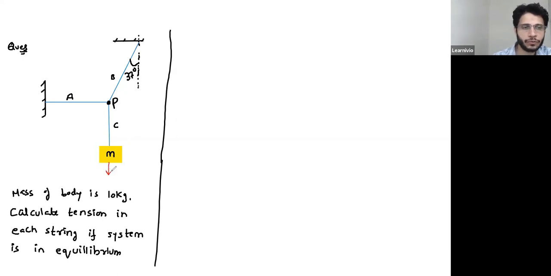One is weight mg acting in the downwards direction. Yes, two forces, good. Another is tension, which is acting in the upwards direction. There is no other force on the body.